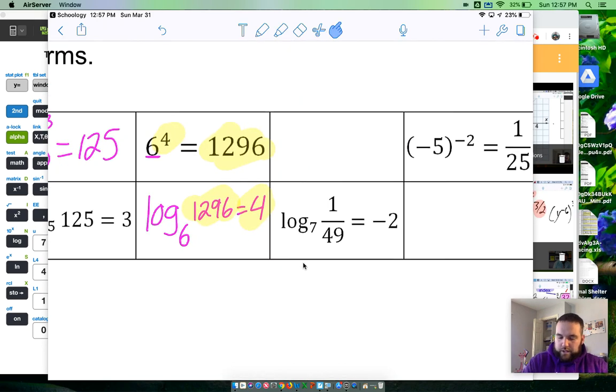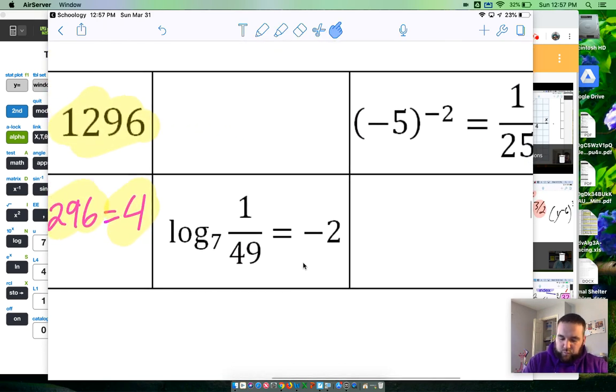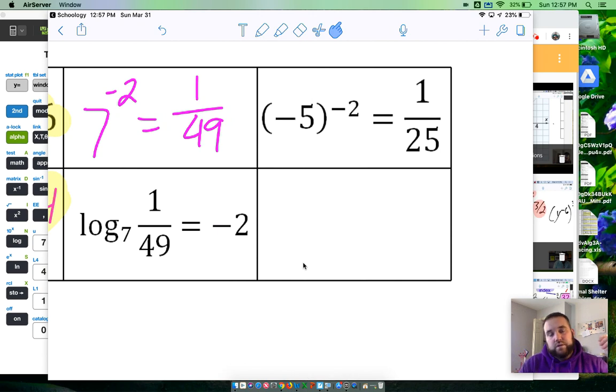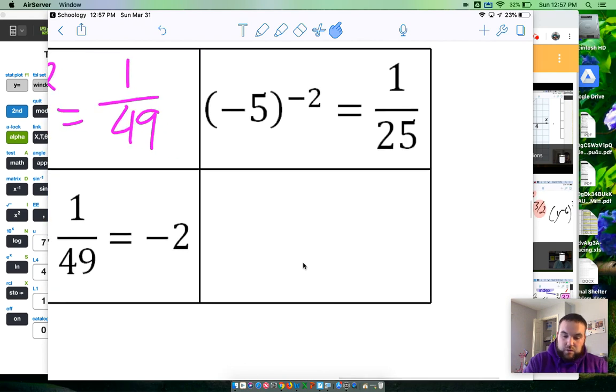Okay. So log base 7 of 1/49 equals -2 is the same as saying 7 to the -2 power is equal to 1 over 49. Which again, negative exponents just take that 49 and put it in the denominator. And then (-5) to the -2, you could rewrite as log base -5 of 1/25 equals -2.